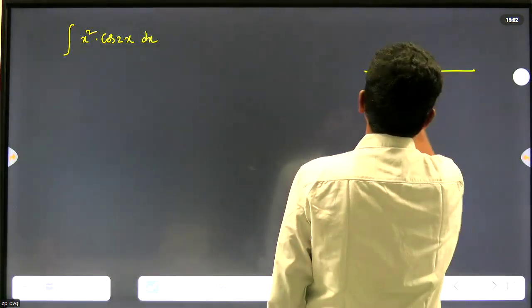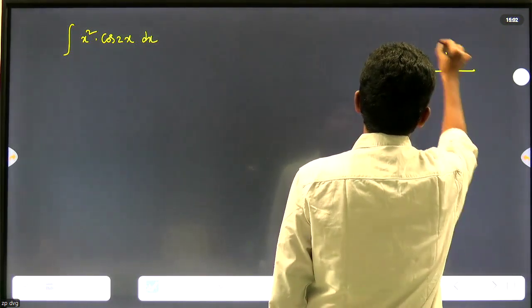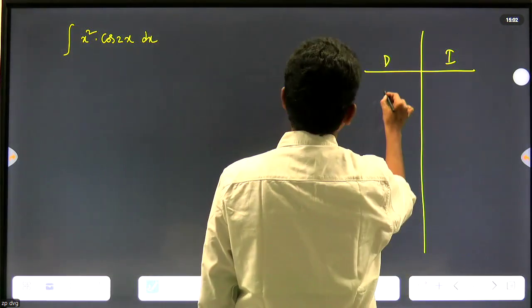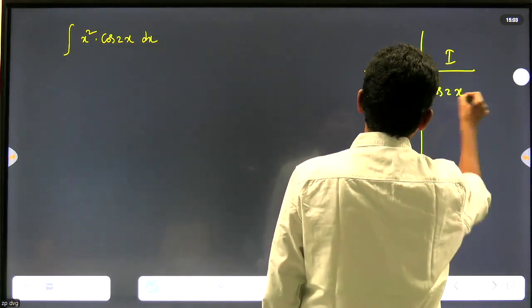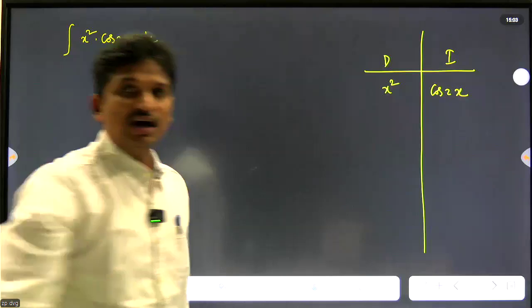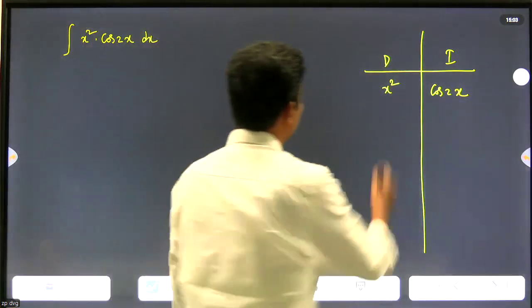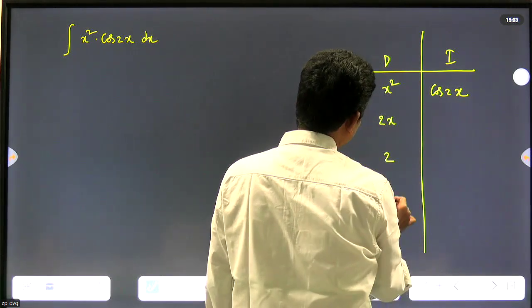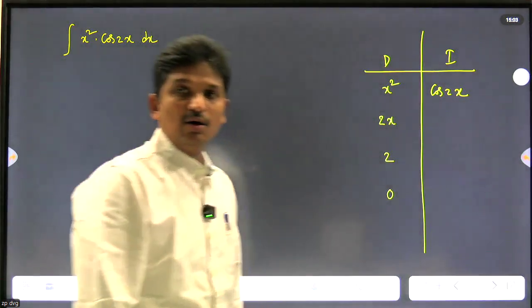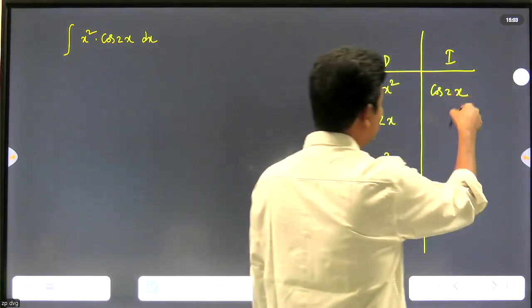We'll write like this: derivative, integral. First function x square, second function cos 2x. Okay, you differentiate this side until you get 0. Derivative of x square is what? 2x. Derivative of 2x, 2. Derivative of 2, 0. Right? Now, integrate this part.